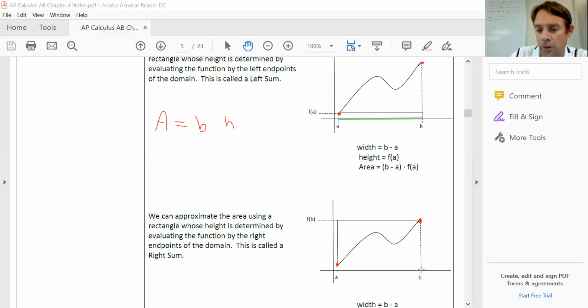We're calling them B and A here. So the base of my rectangle is going to be B minus A. So that's my width. No matter what my area is, the base is going to be that B minus A value. It's the height that can change.